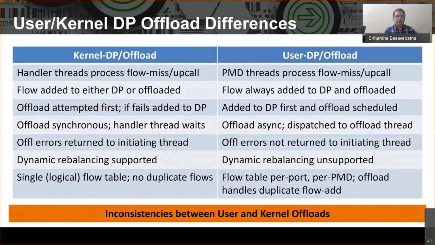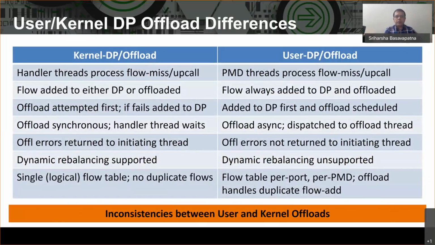In this slide, we take a look at the various key differences between user and kernel mode data path and offloads. For instance, in kernel mode, there are handler threads that actually process the flow miss and upcall. In the user mode DPDK, there are PMD threads that process the flows, and they process the flow miss and upcall too.